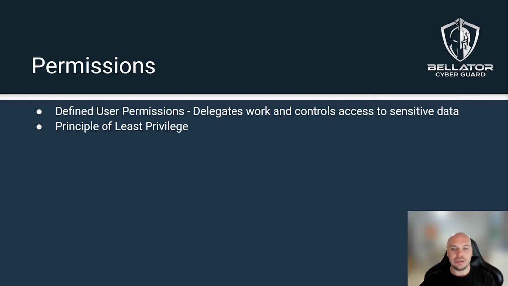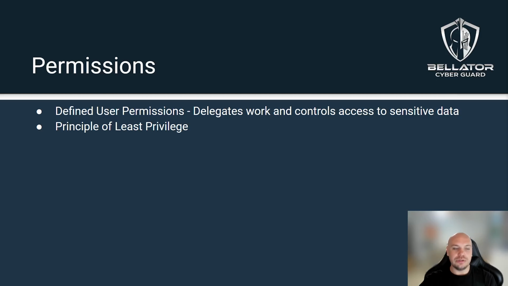Obviously, it makes things easier if we have assigned roles, and those roles have access only to the things the user assigned that role needs to do their job. In addition, these role permissions will only grant access to the data that they should be seeing and nothing more, right? So this brings up the principle of least privilege.